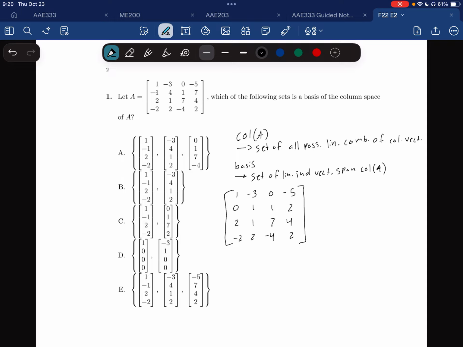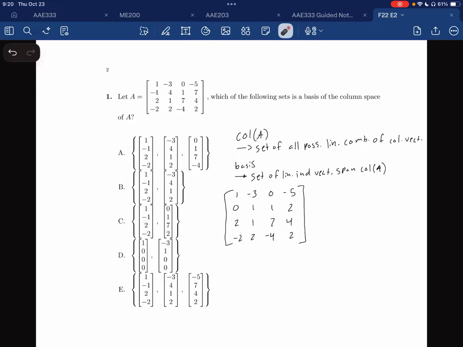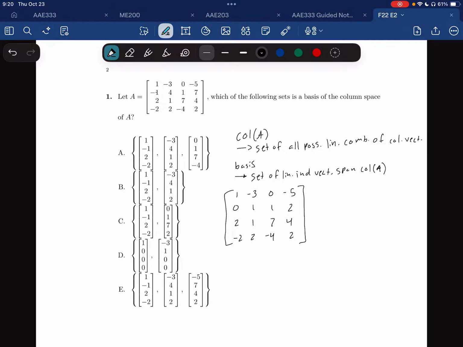Next thing we're going to do is I can say R3 is equal to R3 minus 2 times R1. Why am I doing that? I can get rid of this 2 over here if I do that. So first I'll write down my first operation that I did. I said R2 was equal to R2 plus R1. This is from the original matrix. Let's keep going. I said I want to do R3 equals R3 minus 2R1.